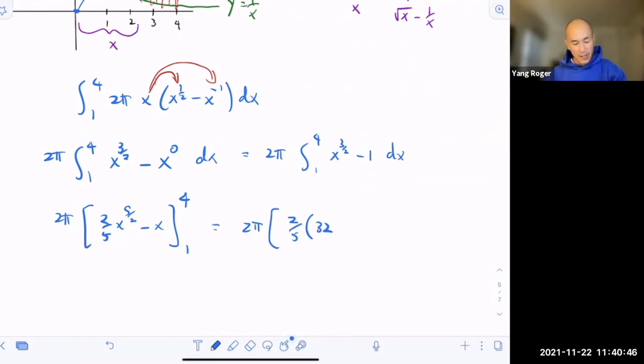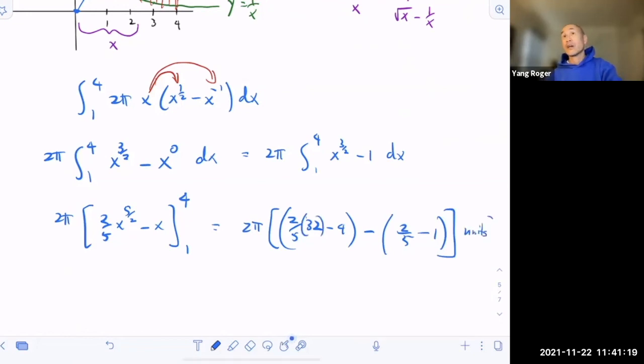So that's 32 minus 4. Oops. Put parentheses around that whole thing. And then what do we get when we plug in a 1? We're going to get, well, 2/5, because 1 to any power is 1, minus 1. Units cubed.